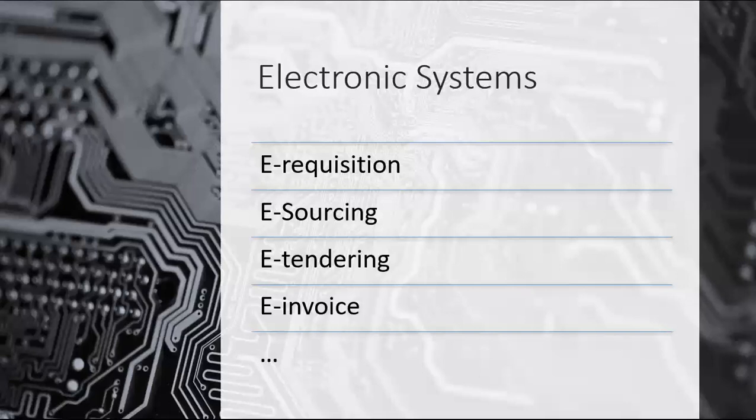Electronic systems are a kind of question that you may very commonly meet in the exam. The question tends to be about describing or explaining the use of the system within procurement. And your job is to at least know some of the systems if you have never used them.